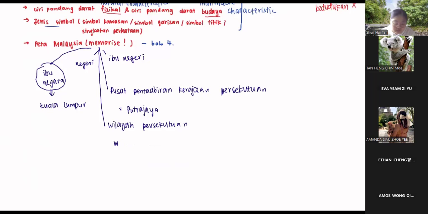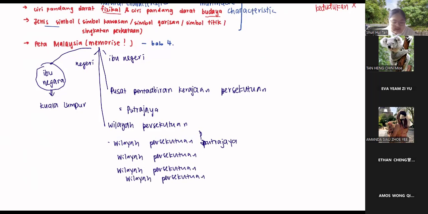Same, no short form. So your answer is going to be Wilayah Persekutuan Putrajaya, with capital letters. And you have to write in full. So you're going to write Wilayah Persekutuan Kuala Lumpur, and Labuan.